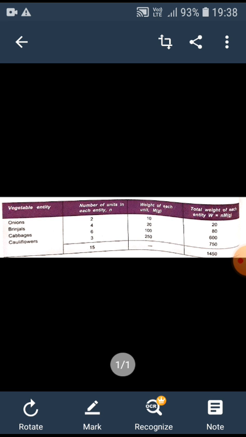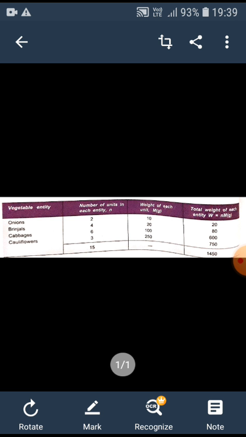So then we can find out the contribution made by individual vegetables towards the average weight of vegetables in the basket. In the case of onion, it will be the weight fraction of onion multiplied by the average weight of onions. So the weight fraction of onion is 20 divided by 1450 and its average weight is 10. So the contribution made by onions will be 20 upon 1450 into 10, equal to 0.14 gram.